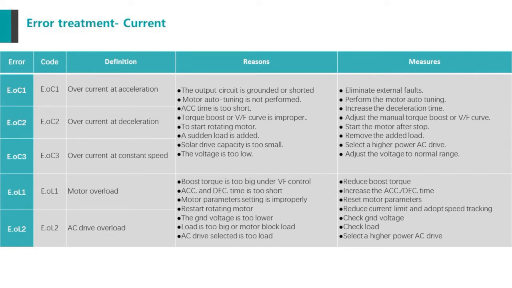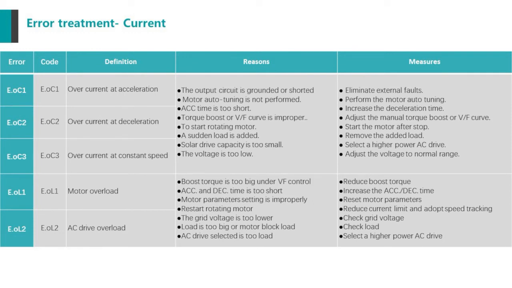In small power VFDs, there is a current detection circuit, but in big power drives, there is a Hall sensor for the current detection. If this current detection circuit or the Hall sensor works abnormally, it may detect a false current value and then display a fault.